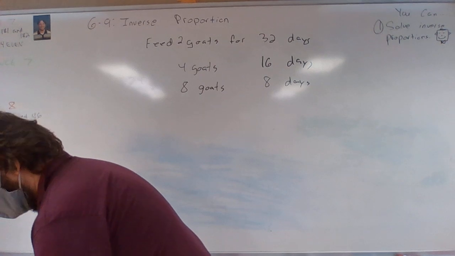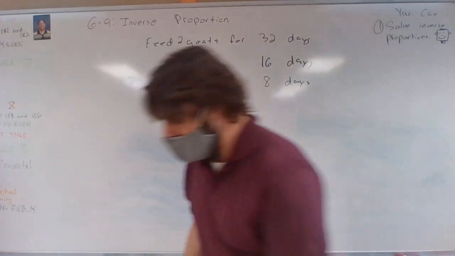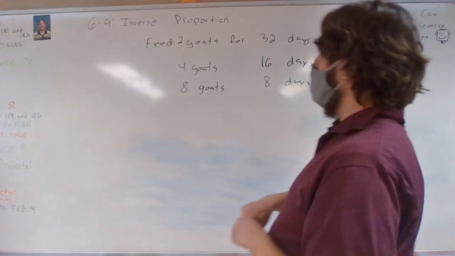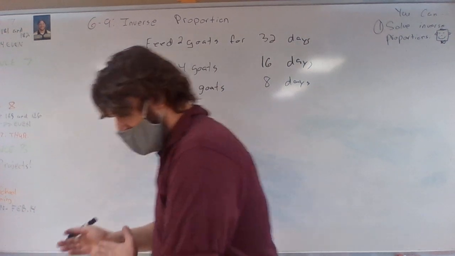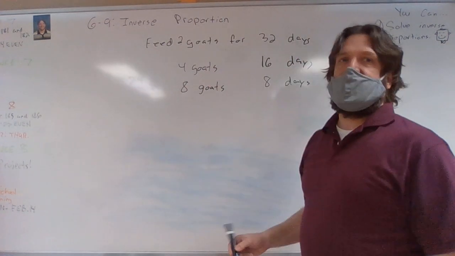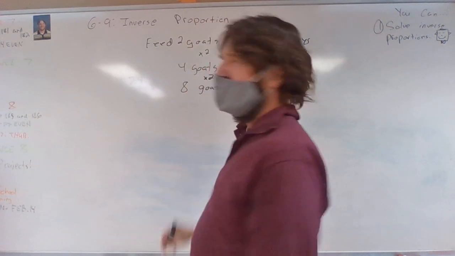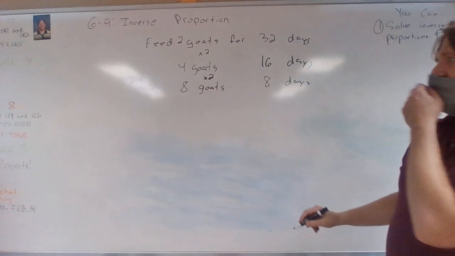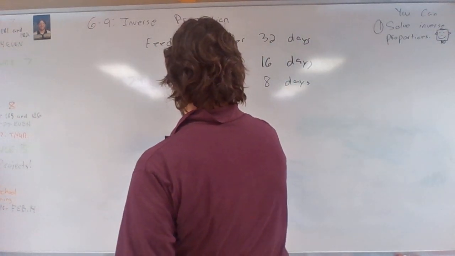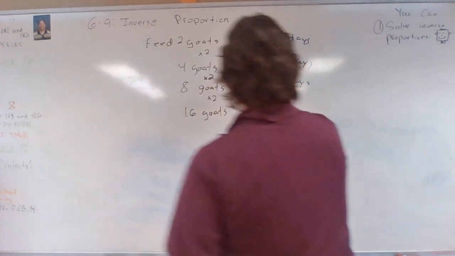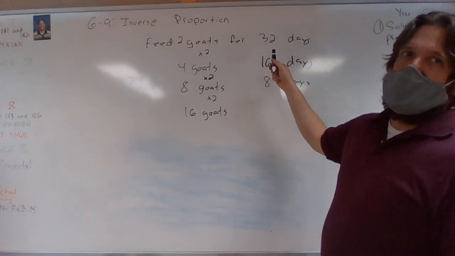All right? So when we're looking at this here, basically we've doubled the number of goats each time. 2 to 4, 4 to 8. If I kept this going, I could, 8 times 2, got 16 goats. What's going on this side here? 32 to 16.